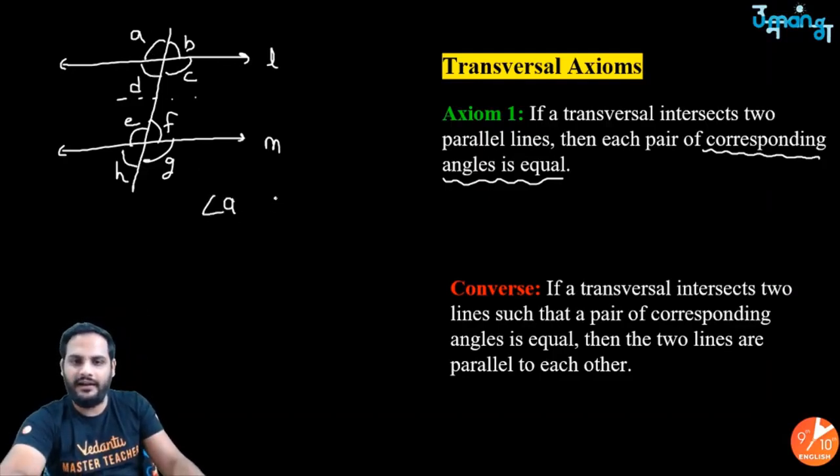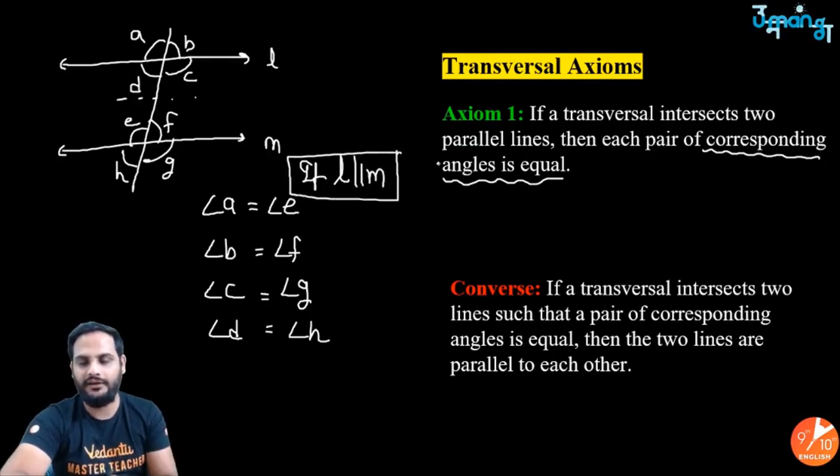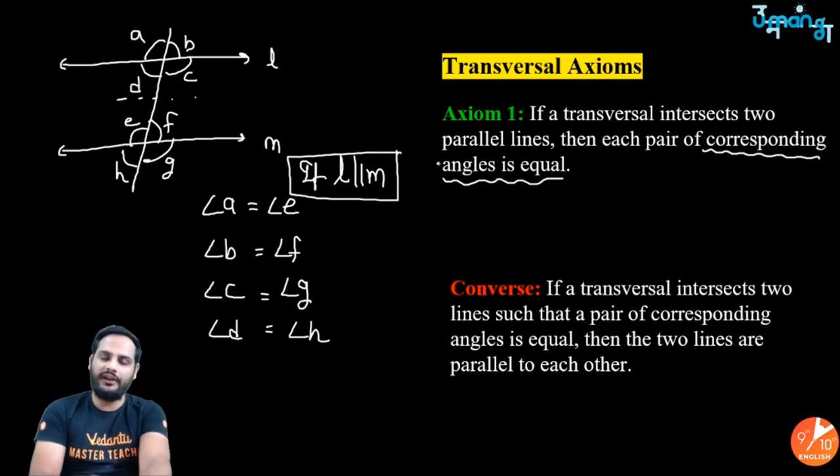So angle A and angle E, angle B and angle F, angle C and angle G, and angle D and angle H, they all will be equal to each other if L is parallel to M. So this is your corresponding angle axiom.